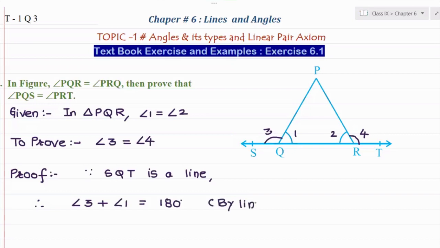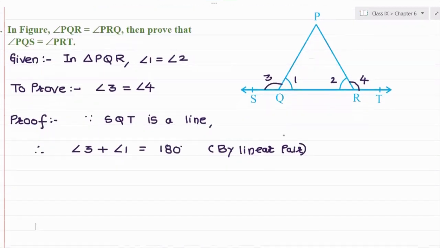If you observe both the angles, they form a perfect semicircle. Or if I talk about the proper definition, angle 1 and angle 3 are two adjacent angles and their non-common arms QS and QR form a line. So these angles are a linear pair of angles. So angle 3 plus angle 1 we got as 180 degree.